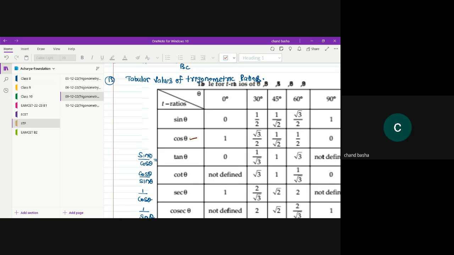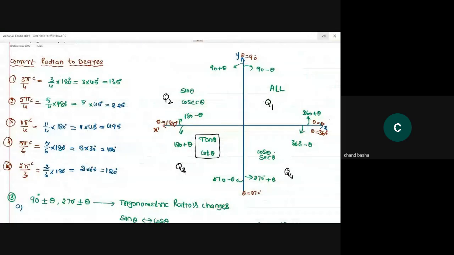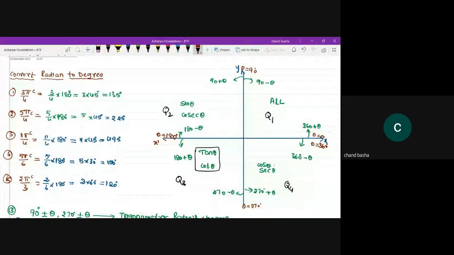Can you show the quadrant diagram, sir? Okay, this one. Each quadrant is 90. The second quadrant means 90 plus 90, 180. Something less than 180 is 180 minus theta.